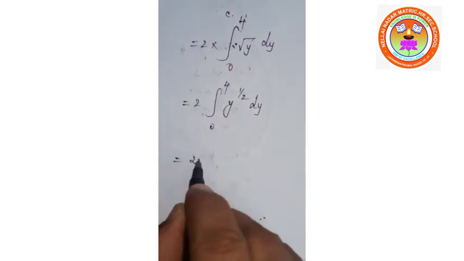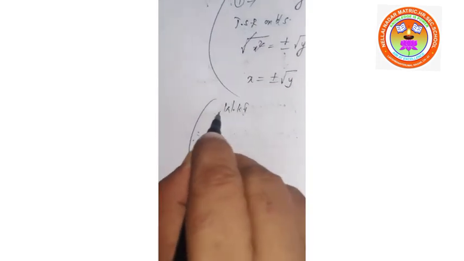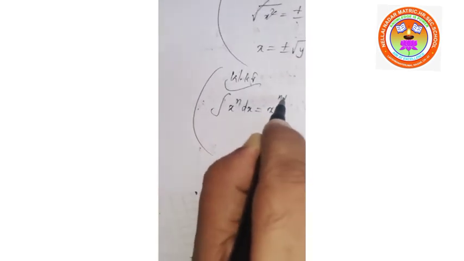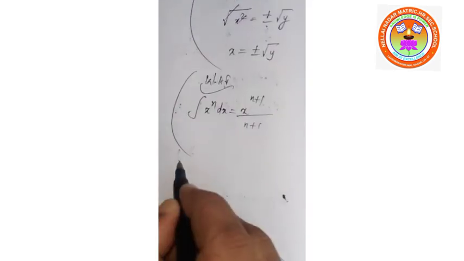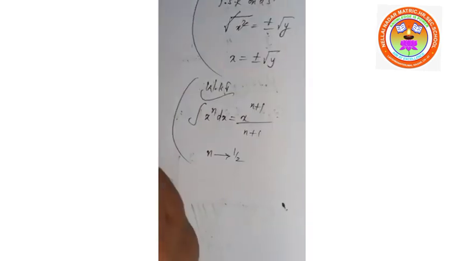Now we can integrate. We know that integral x power n dx equals x power n plus 1 divided by n plus 1. What is the power n? Here n equals half.